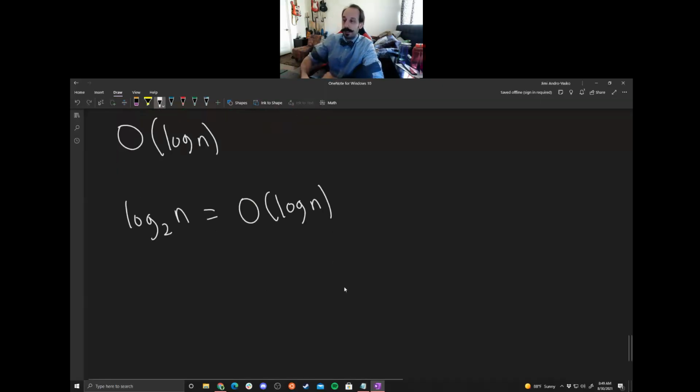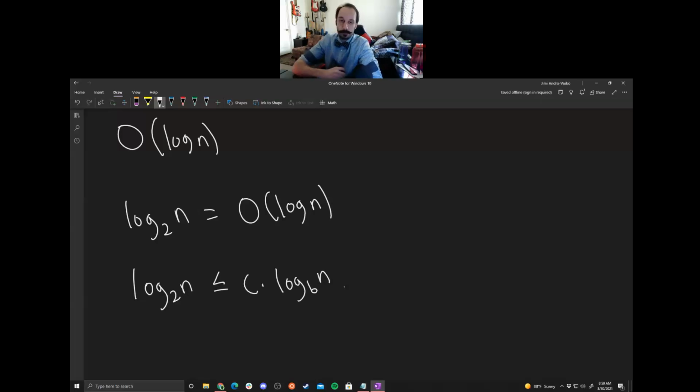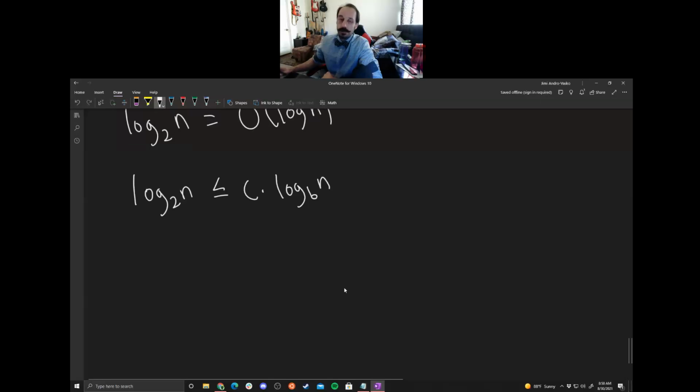So I'm going to use log 2 of n less than or equal to c times log of any base. I'm going to choose b as my base for the logarithm. I remember from Algebra 2 back in high school, there's a formula you can use to convert the base of the logs.